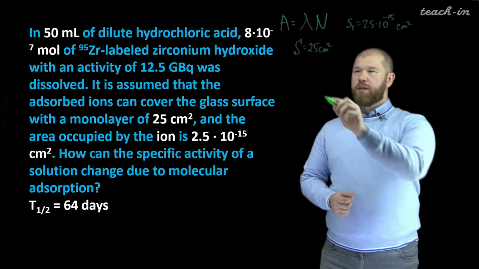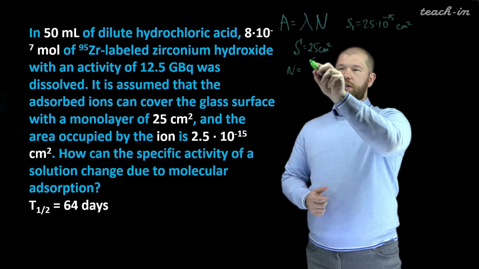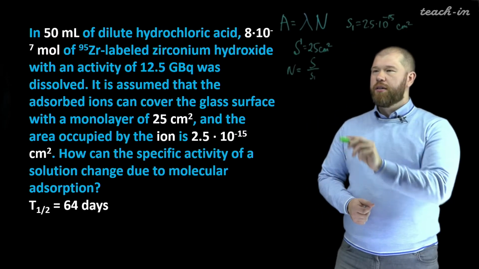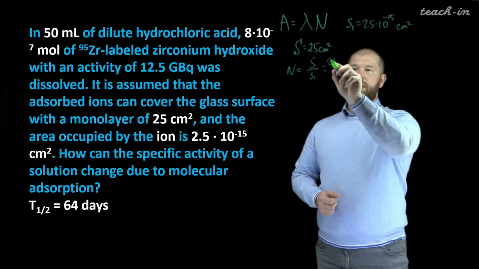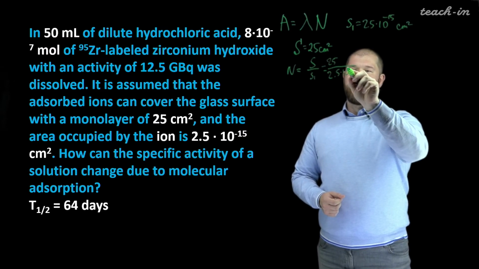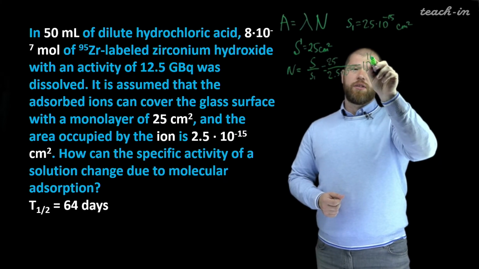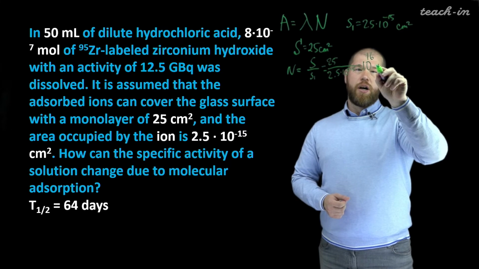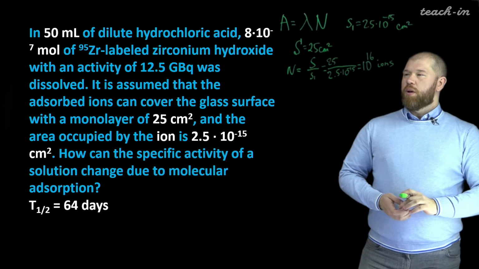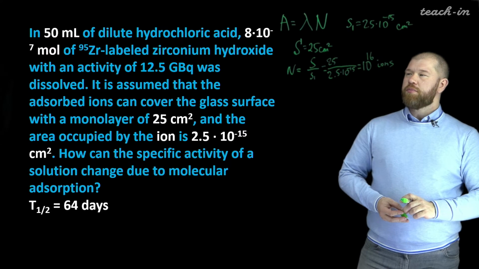From this we can calculate the number of absorbed ions: just the total area divided by the area of one ion, 25 divided by 2.5 × 10^-15. So it will be simply 10^16 ions, and we will take this number into account.